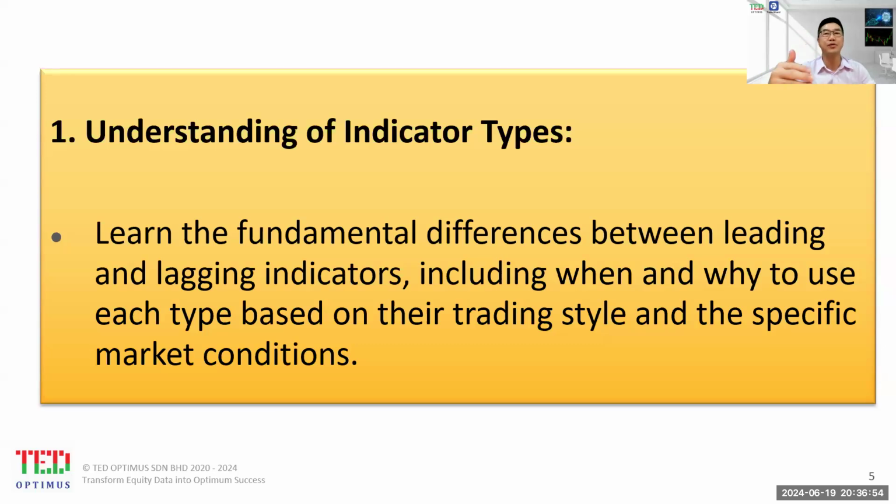I also include when and why to use each type, because I believe a lot of people use technical analysis indicators without thinking about what the differences are. When should I use this? When should I use that?